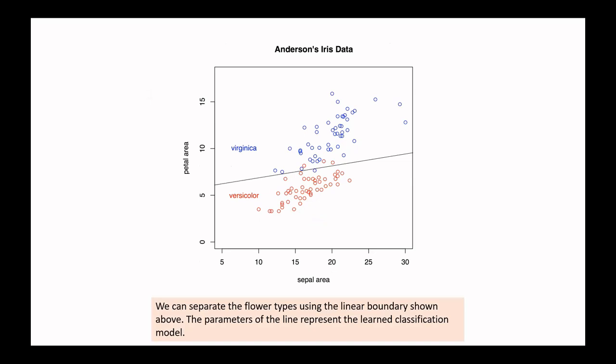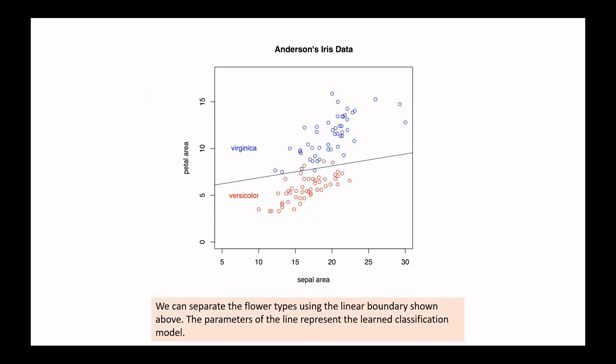Now, our objective is to build a model that can separate Virginica from versicolor. And to do that, it has to rely on only these 2 features that we have measured. So if you look at this graph, you can say, all right, I can draw a line as shown here. And this line is pretty good at separating almost all the examples.